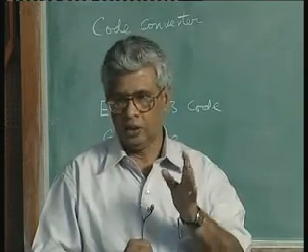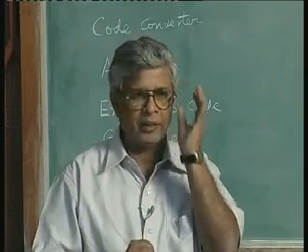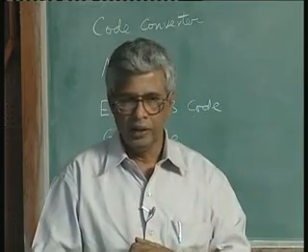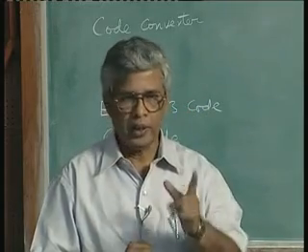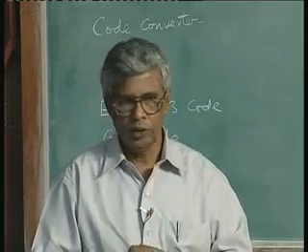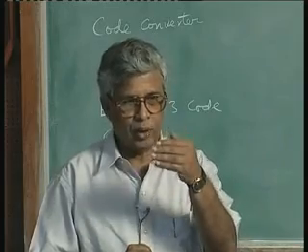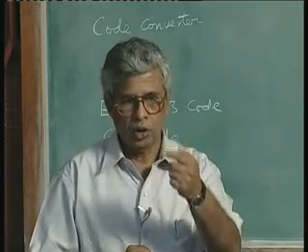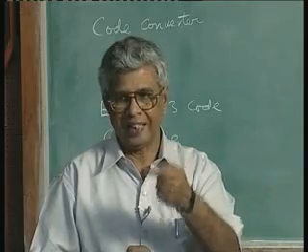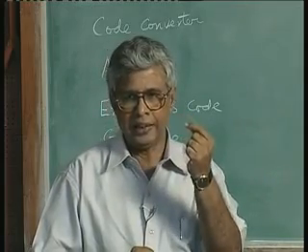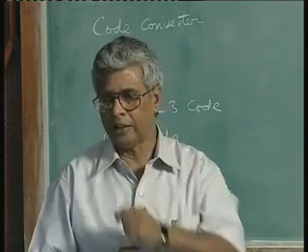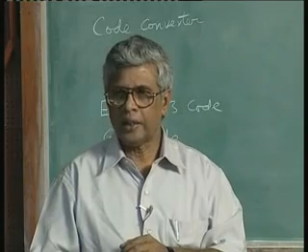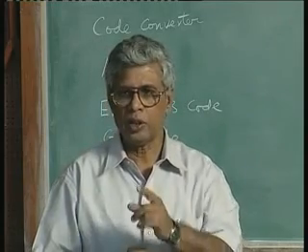That is 7. 0, 1, 1, 1 is a 4-bit representation of the decimal number 7. Number 8 decimal is 1, 0, 0, 0. Suppose I keep counting from 0 to 1, 2, 3, 4, 5, 6, 7. 7 is indicated by 0, 1, 1, 1. And the next count is 8, 1, 0, 0, 0.